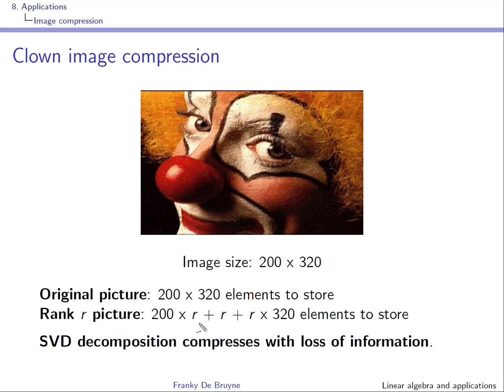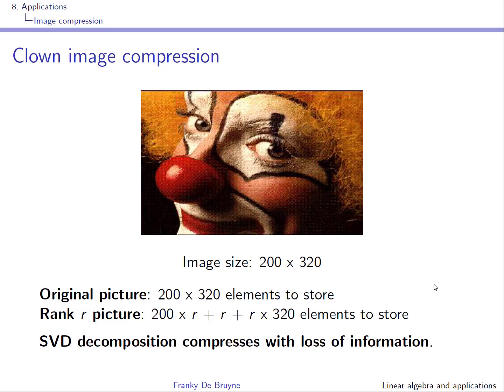This might lead to some compression, but if the rank of the matrix becomes high, at some stage you'll see that you need more elements to store everything using this approach. One thing that should be obvious: the SVD decomposition compresses with a loss of information. That will be pretty obvious when you see the next picture. And again, I'm not suggesting that you should do compression using this method. This is a way of illustrating the SVD visually.